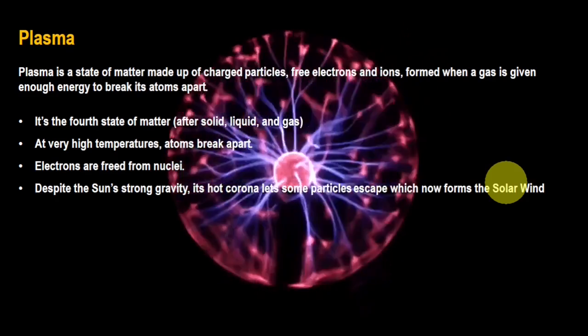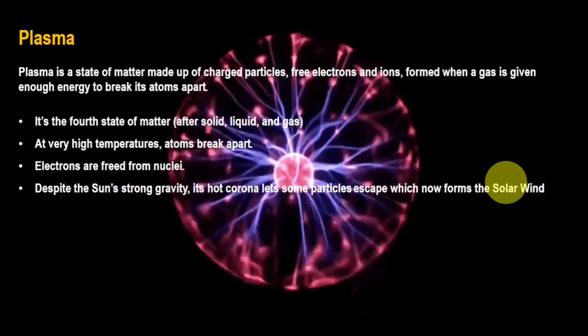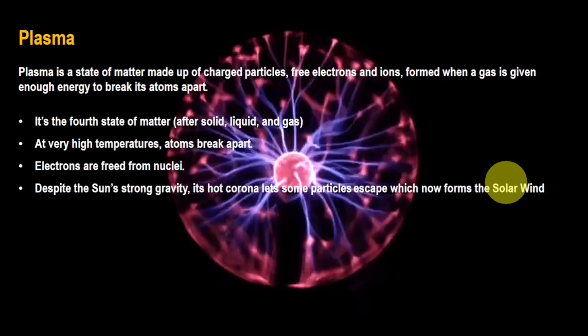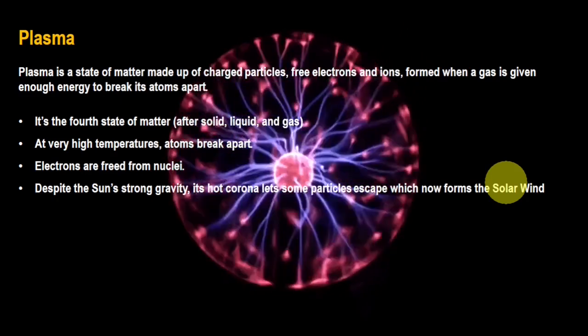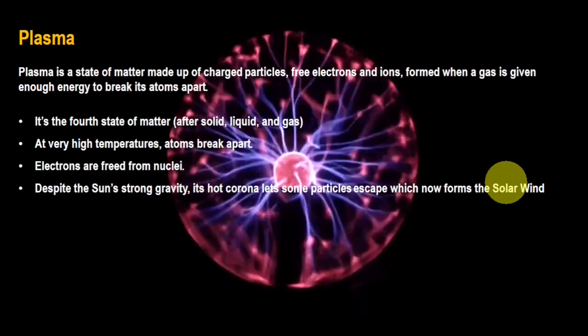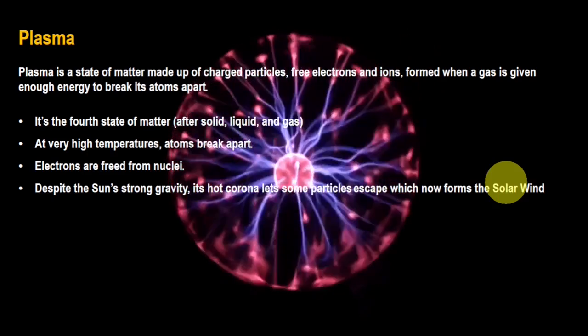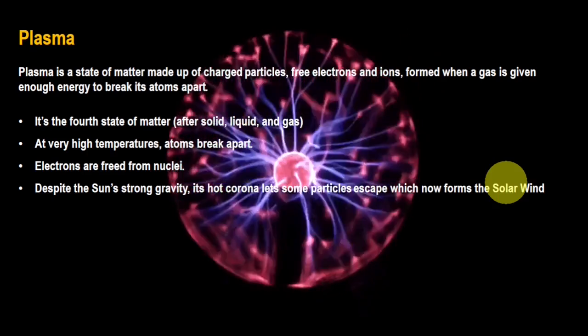And when an ion, a charged atom, gains an electron, it becomes negatively charged. But for the sake of this topic, I'm going to focus on the atoms that lose electrons. So they lose their electrons and become ions.